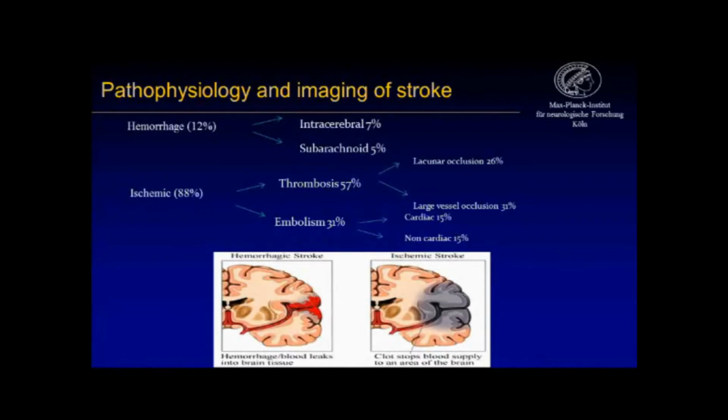And just to give you clinically how often one or the other appears, it is shown here in percentage, and you see clearly that the most relevant clinically is the ischemic stroke with approximately 90% of occurrence.